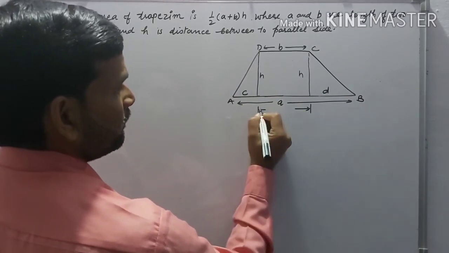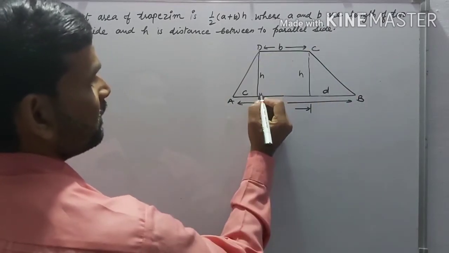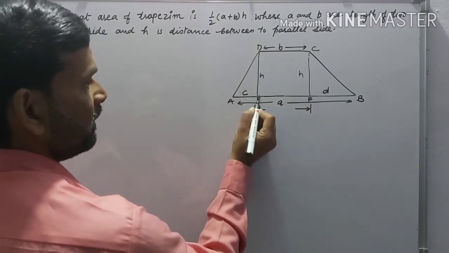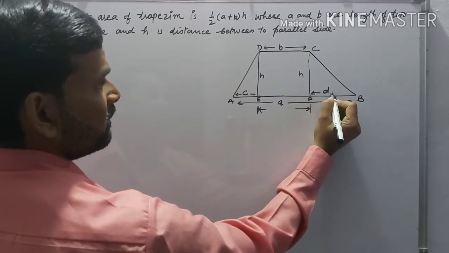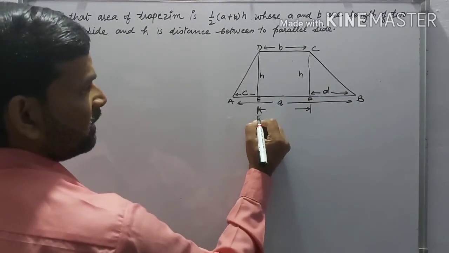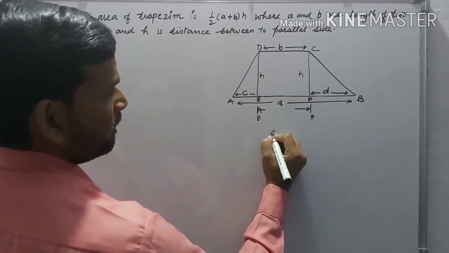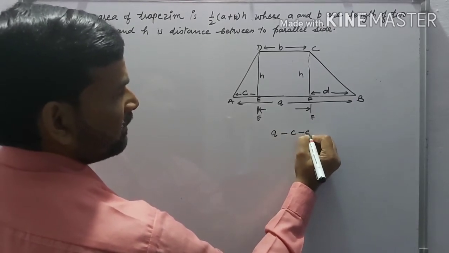So this is the part of only here too. The length of AB and CD, here we will write EF, where the length of AE is c, and the length of FB is d. The length of EF is the total length a minus c minus d.